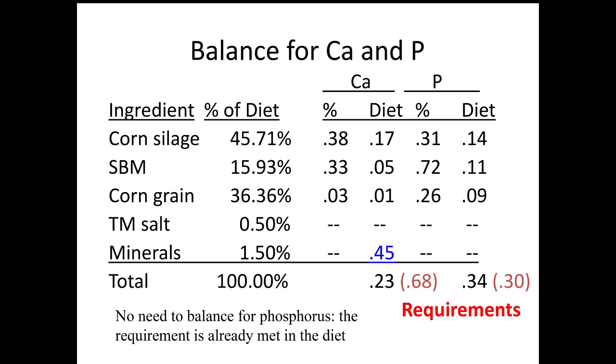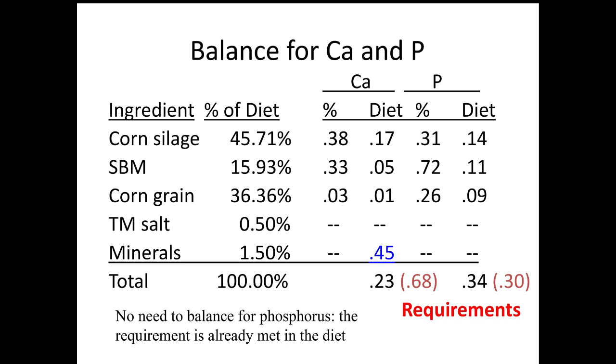Now, beside that, in parentheses, I've listed what the requirements are. So you can see that for the phosphorus, we've already met our requirement, right? The requirement is 0.30, and we have 0.34% phosphorus already in the diet. So we don't need to balance for phosphorus. We're good.